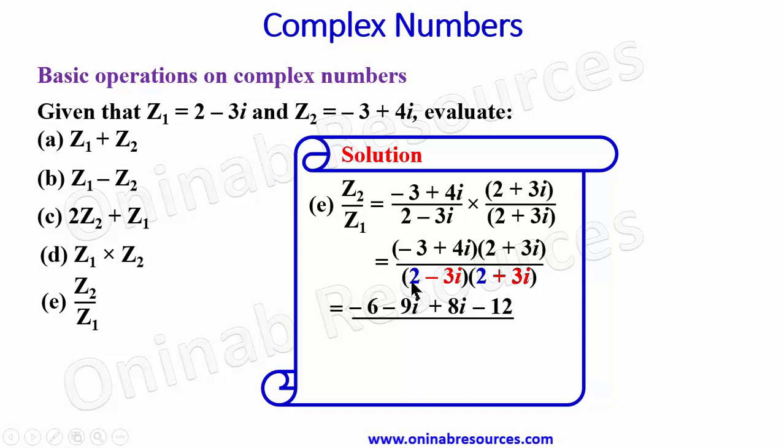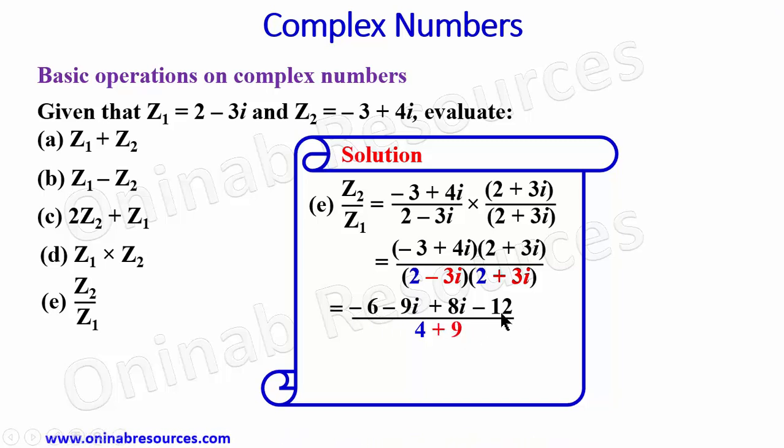So we multiply out and simplify. So we have 2 times 2, which gives 4, and negative 3i times positive 3i. Negative 3 times 3 gives negative 9, and i times i gives negative 1. So negative 9 times negative 1 gives positive 9.